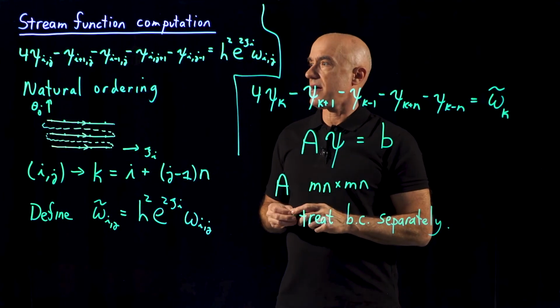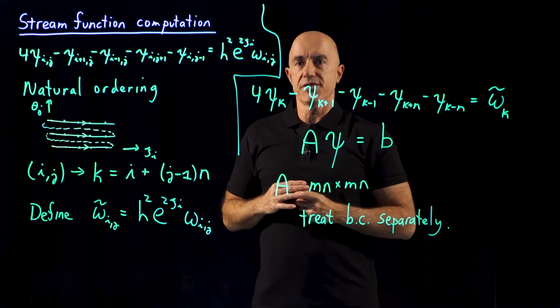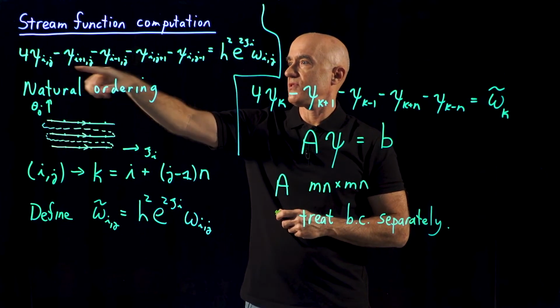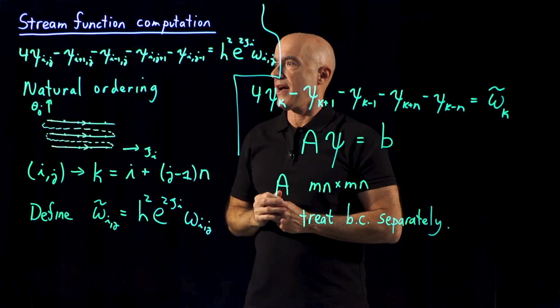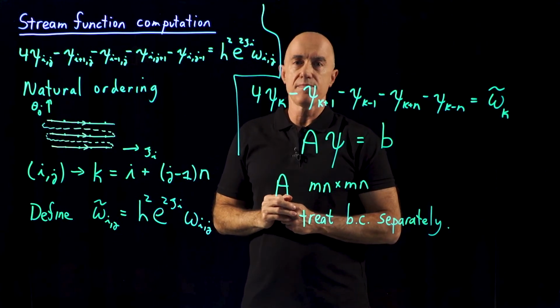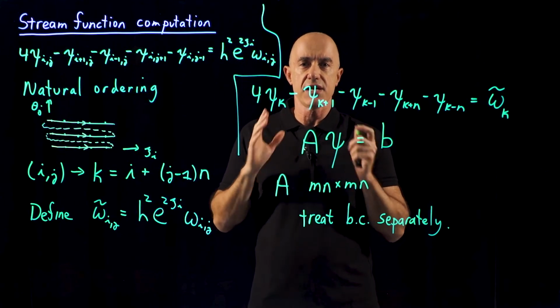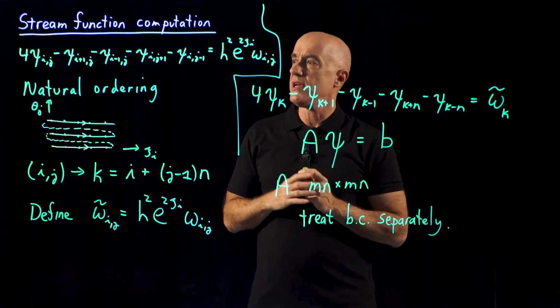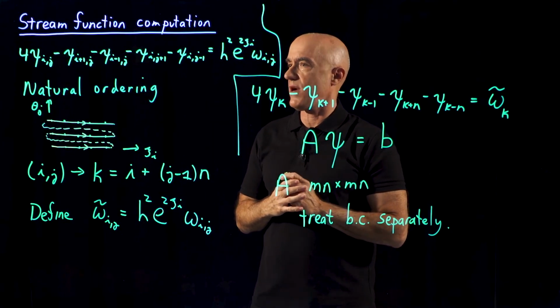So let me summarize. We have 2 equations to solve. One of them is the stream function equation. This is the discretized version. Previously, for the steady flow solution, we did iterative types of solutions. Now we're going to choose to do a direct solution of this equation.